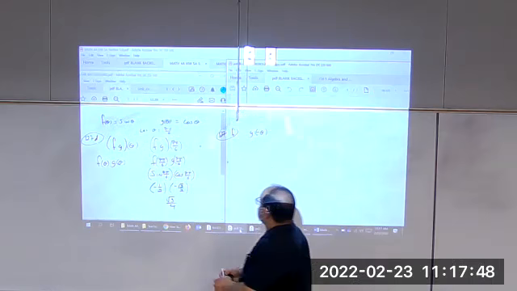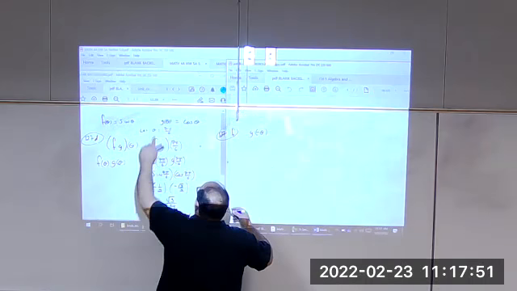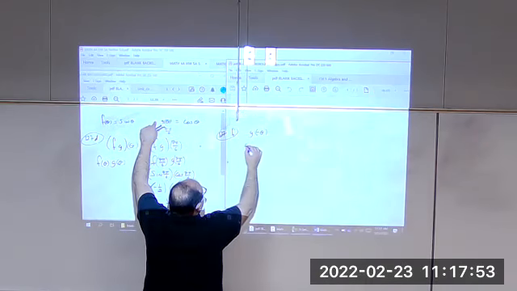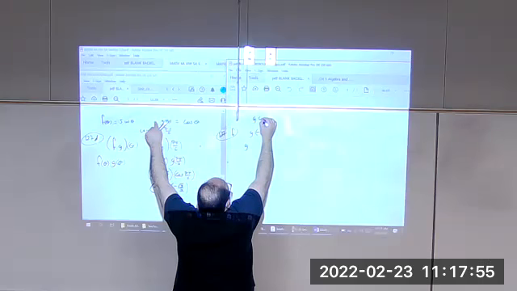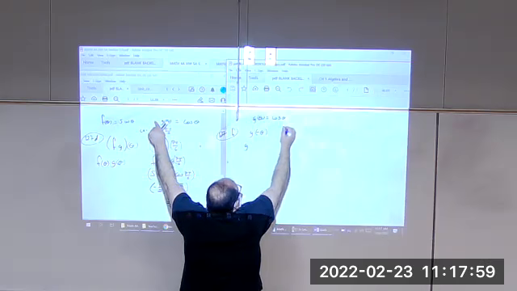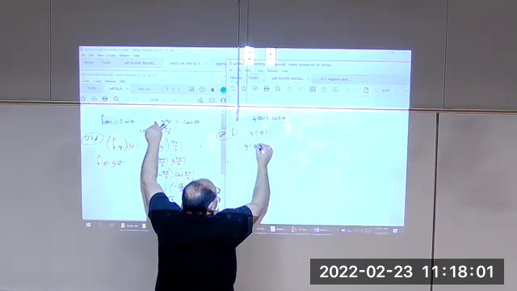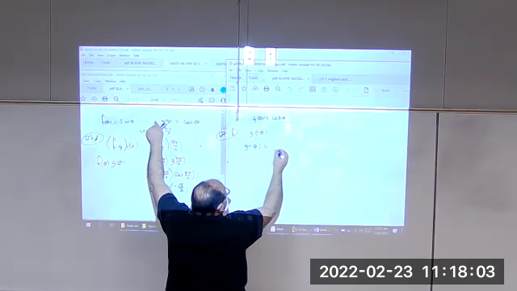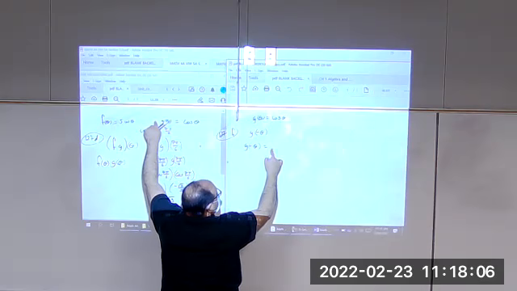So if g of theta is cosine theta, then g of negative theta is equal to, is it positive cosine theta or negative cosine theta?